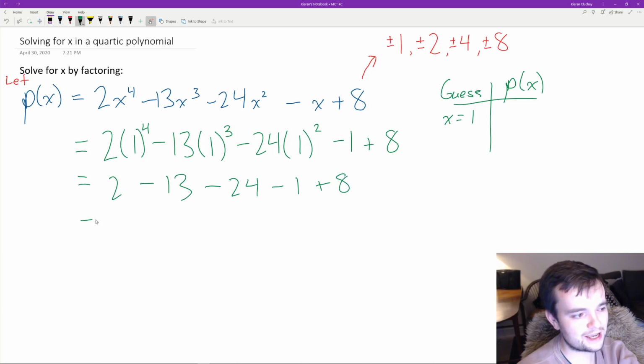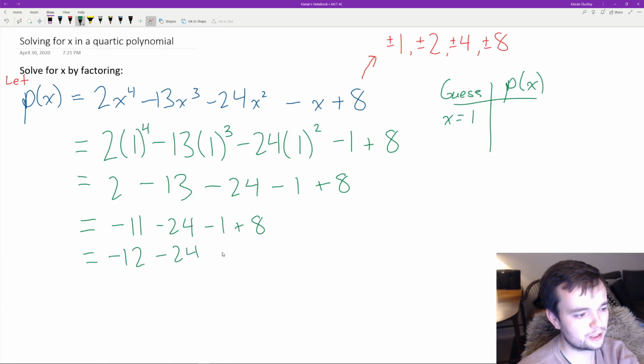So let's see. If this is 0, then I have correctly guessed a value for my first factor. So 2 minus 13, that's negative 11. Minus 24, minus 1, plus 8. Well, minus 1 and minus 11 is minus 12.